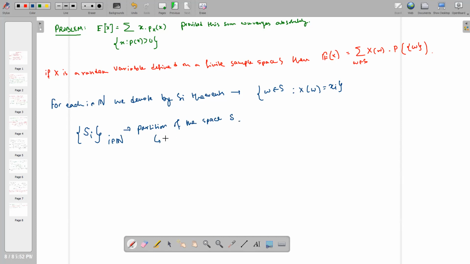I mean disjoint sets whose union is S. Note that here we are defining this on a finite sample space, right? So since S is finite, all the S_i are also finite.